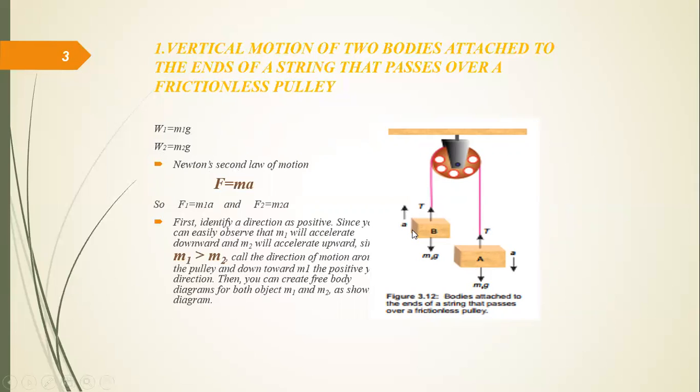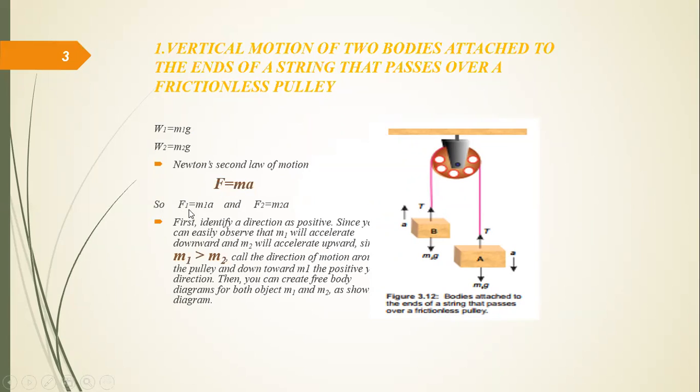After that, we will write Newton's second law of motion. Newton's second law of motion says that the force applied is directly proportional to the acceleration produced in the body, and F is equal to ma.